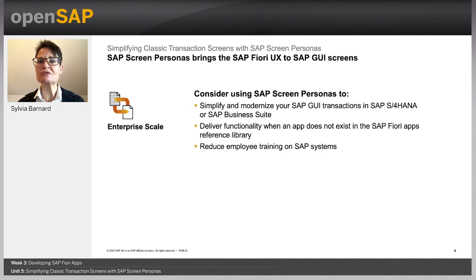Or, if you are already on SAP S/4HANA, then you can use it, of course, on your system there. Or you might want to deliver functionality to an app because the app that you would need does not exist in the SAP Fiori reference library. Or you want to shorten the time new employees need to get up to speed.